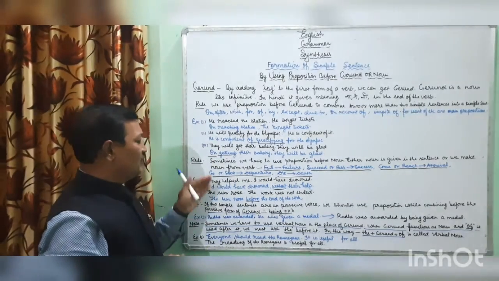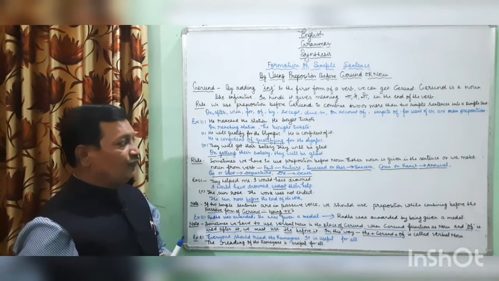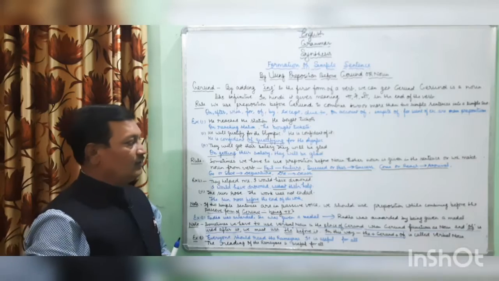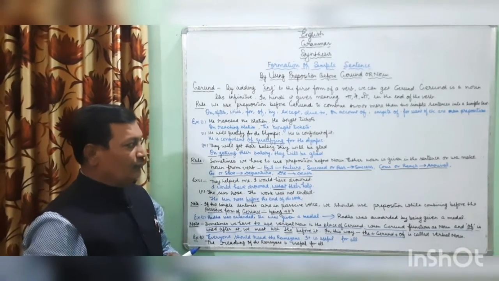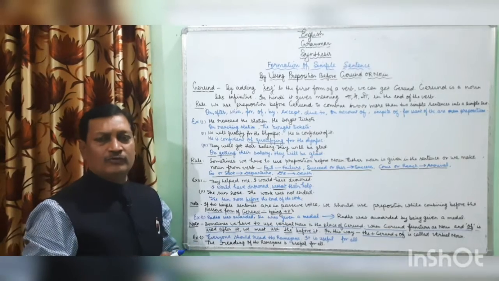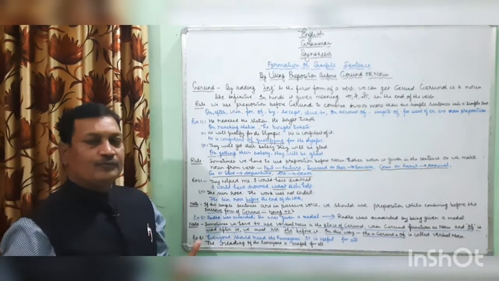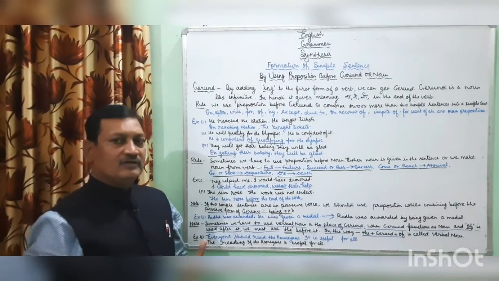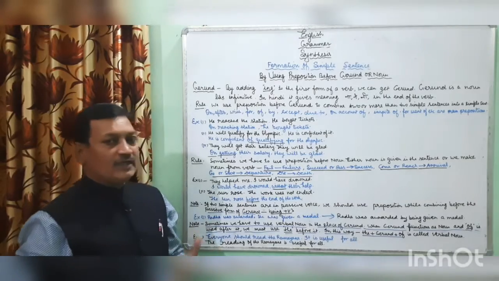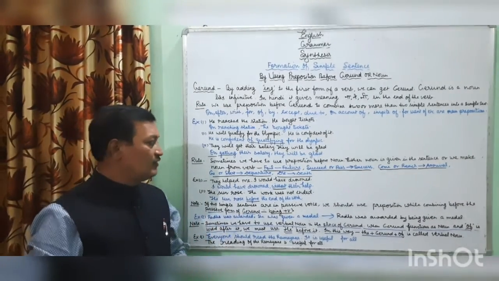Let's see another rule. Sometimes we have to use preposition before noun. You are well aware about noun, so there's nothing to tell about noun to you. Sometimes we use preposition before noun. Either noun is given in the sentence or we make noun from the verbs given in the sentence.